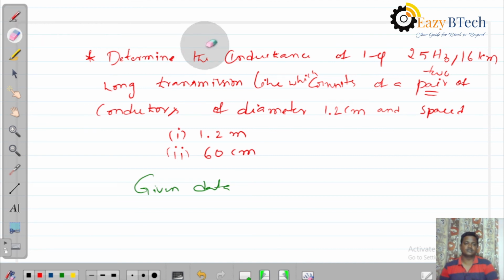What is inductive reactance? Inductive reactance is XL. We know the formula: 2 pi f into L.